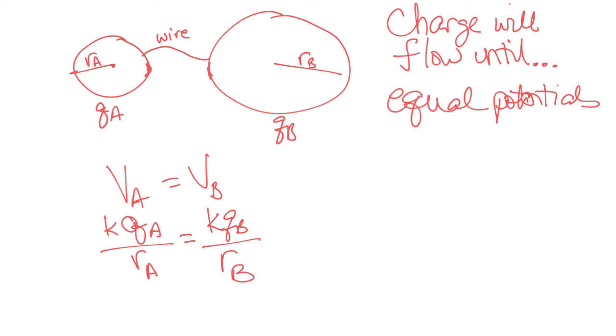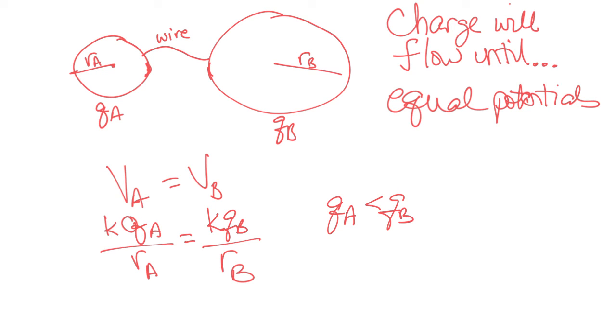So who's going to end up with more charge? Clearly RA is less than RB here. So hopefully you will see that to get the same potential, you'll have less charge end up on sphere A. Hopefully that makes sense, because you have a smaller surface area to spread that charge out over. So QA is less than QB.